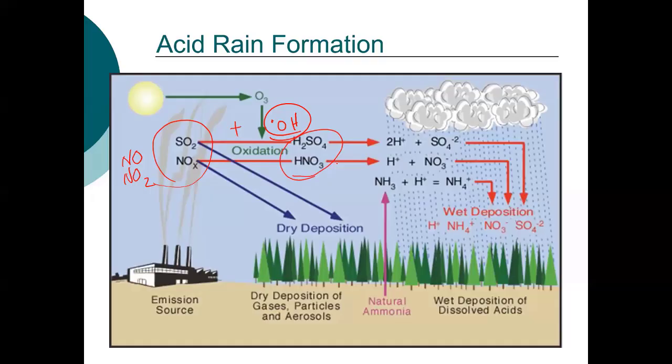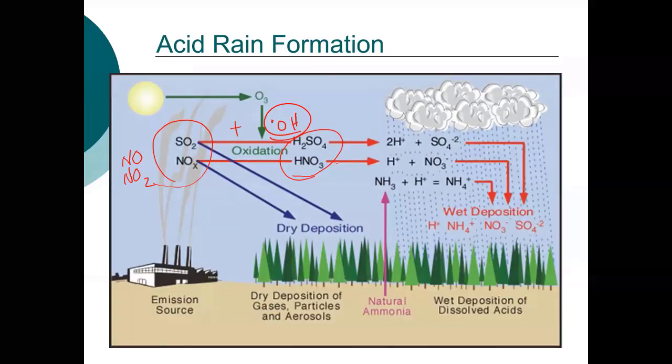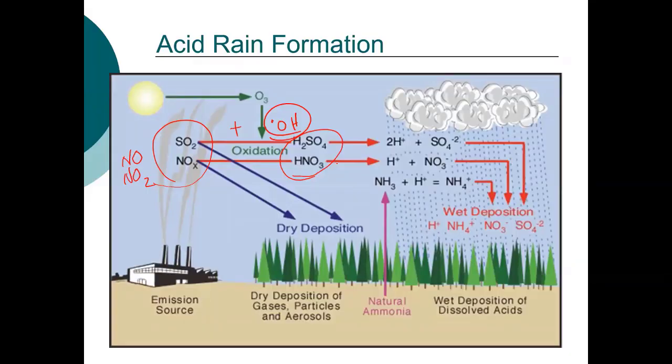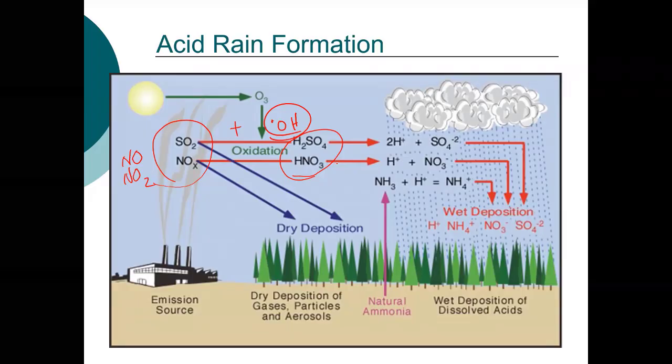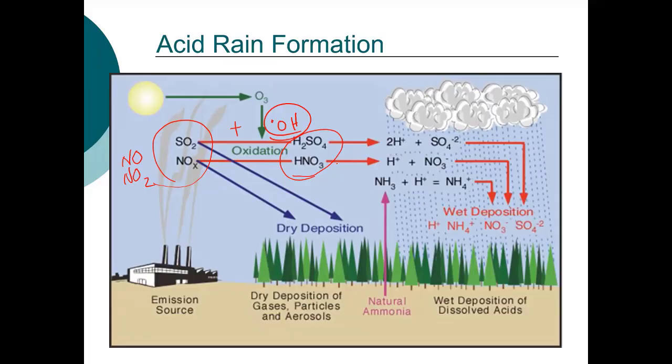And then that nitric acid can either be deposited on structures, on plants, in water, either from rainfall, so dissolved into the rainwater and then deposited that way. They can also deposit in fog, or the SO2 and the NO2 particles can deposit as dry deposition.